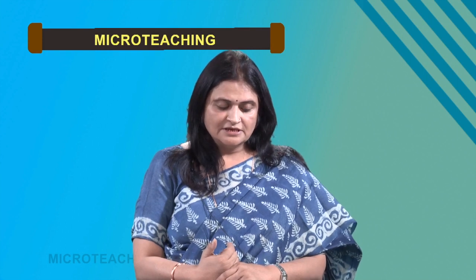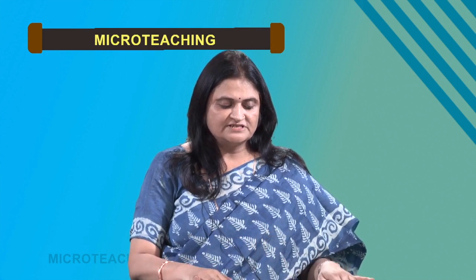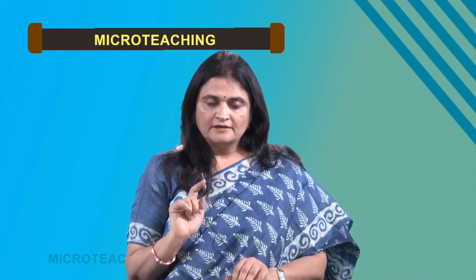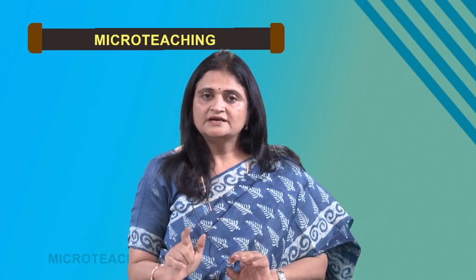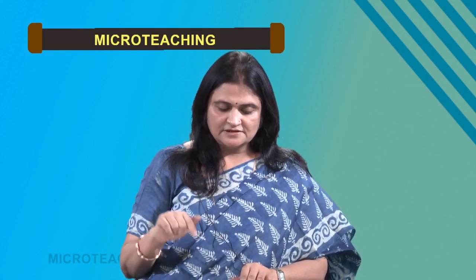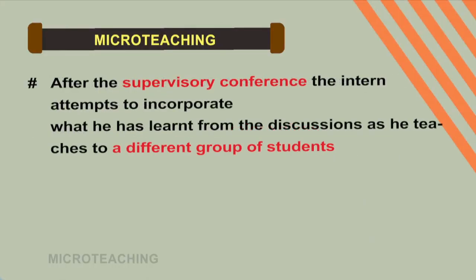So, what happens, we have emphasized on the art of probing, we have had a supervisory conference, and therefore, there is a cycle. Whatever the teacher gains after this conference with the student, he can inculcate all that material for his next class, for the next group of students, and this is how the process gets evolved.